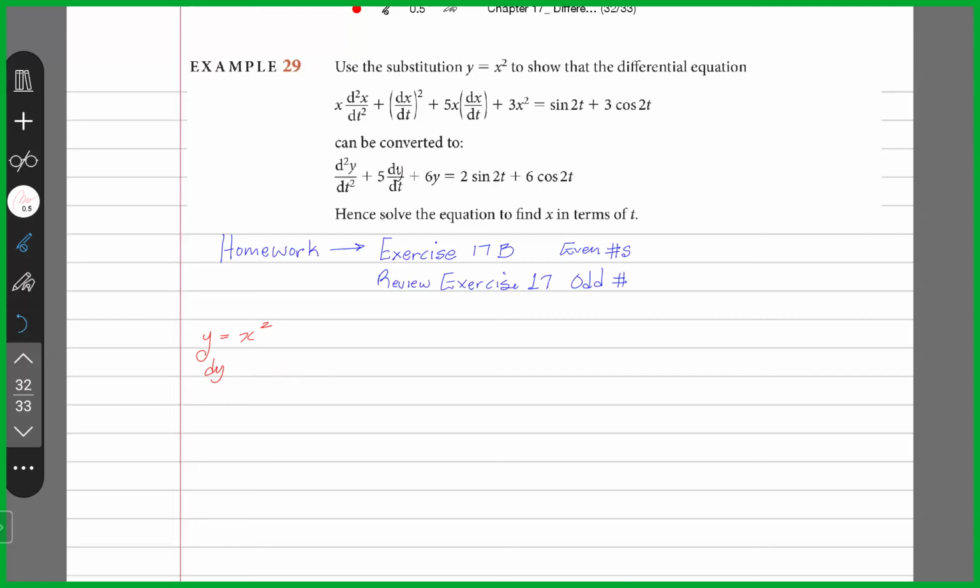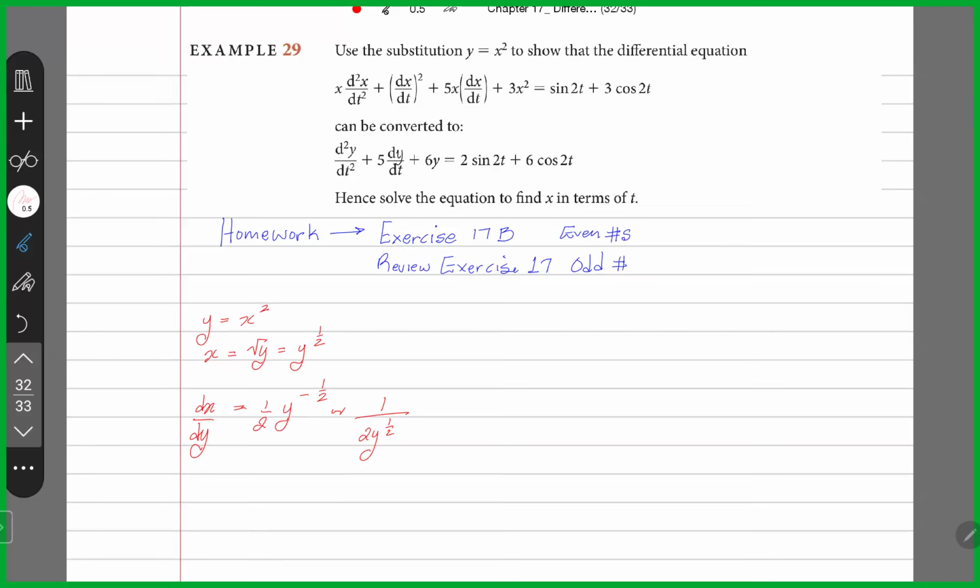I could have continued, but let's try this different route. To say that x is equal to the square root of y, or y to the half power. Now, dx by dy is a half y to the minus a half, or 1 over 2y to the half power.